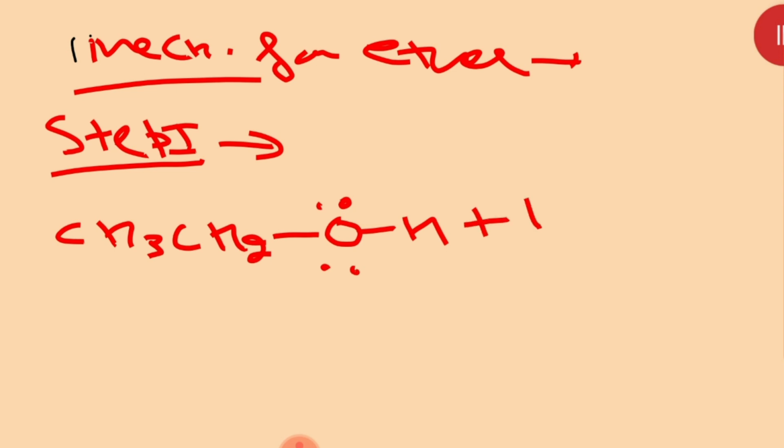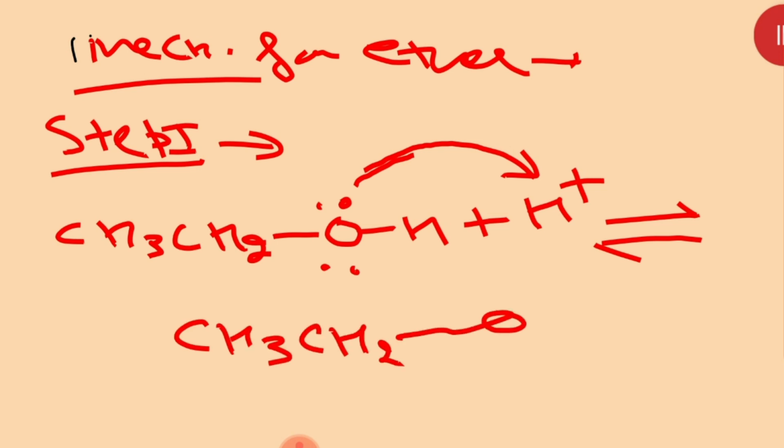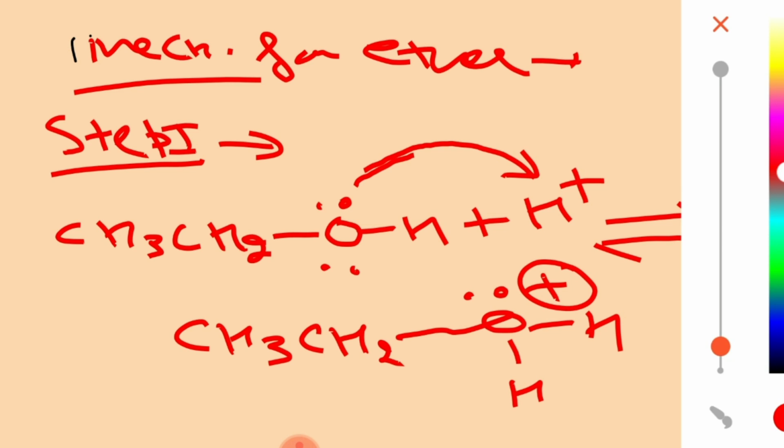We are giving one proton. Then what is going to happen over there? Just remember, this H will come over there and it will form CH3CH2 like this. This is called protonated alcohol.